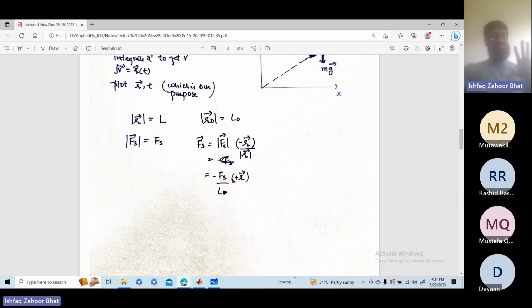Okay, so you keep these things in head. You have said that we can presume it as a string, and then you should know what a string is. Can you differentiate between a string and a spring? So if we assume that this spring is a string, now how will you formulate that problem?